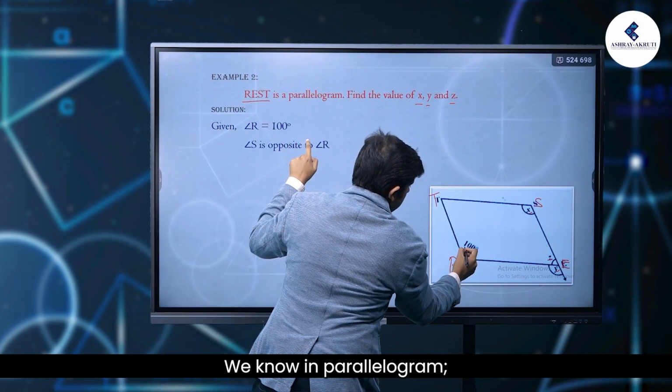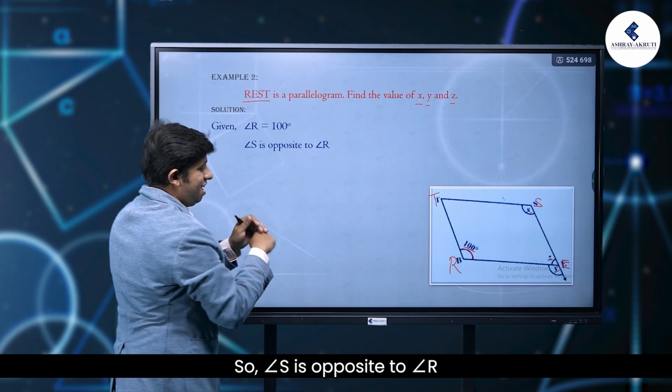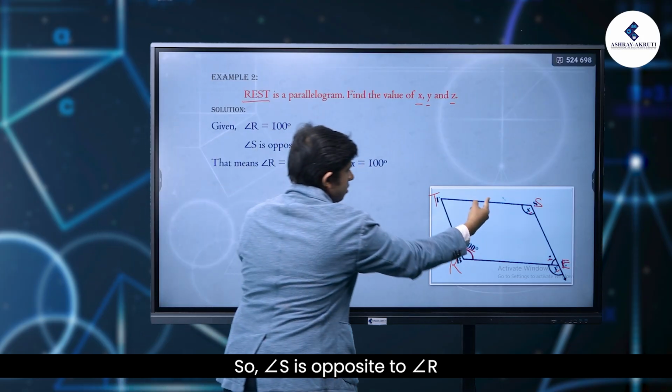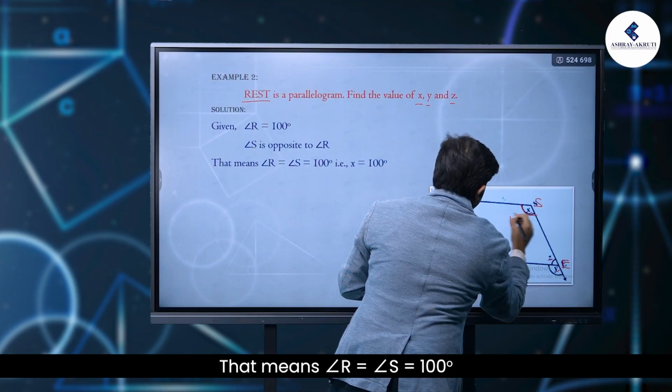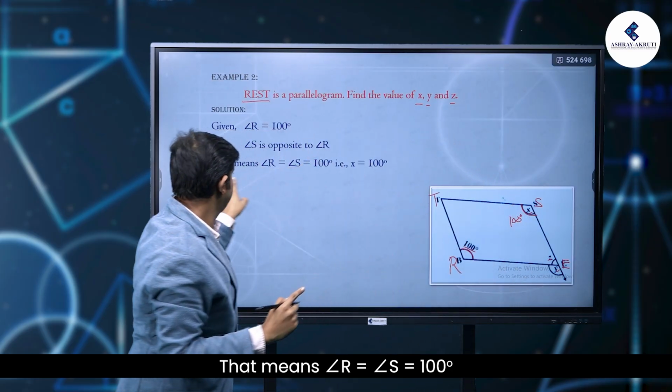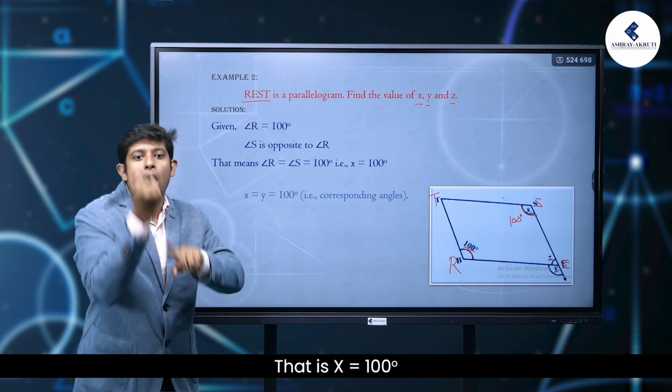We know in a parallelogram, opposite angles are equal. So, angle S is opposite to angle R. That means, angle R is equal to angle S is equal to 100 degrees. That is, x equals 100 degrees.